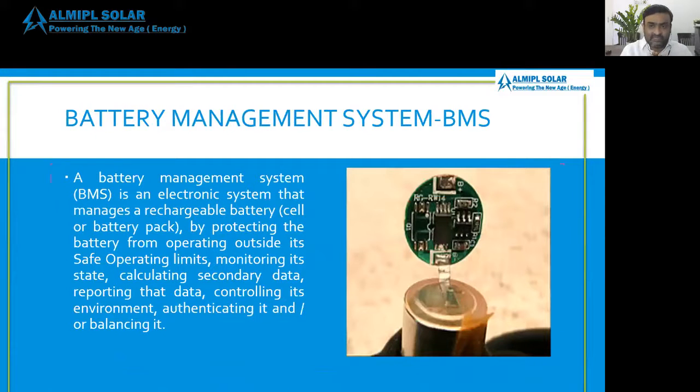Battery management system, BMS. The battery management system is an electronic system that manages rechargeable battery cells or a battery pack by protecting the battery from operating outside its safe operating area, reporting secondary data, controlling its environment, authenticating it and balancing it.